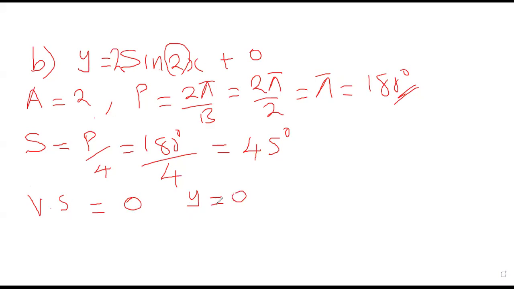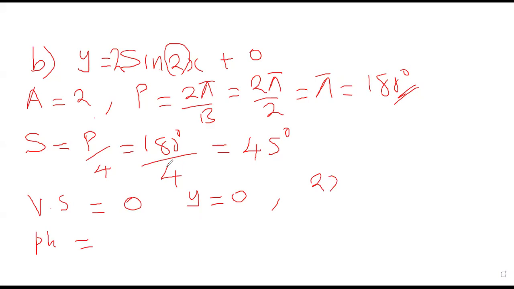From this line, y equals 0, you move the amplitude steps out. You move 2 steps upwards and 2 steps downwards. Then you also need to know where you are starting from along the x-axis. Here you have 2x, your first shift. Let's check if this has been shifted.